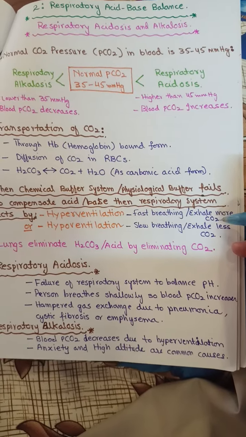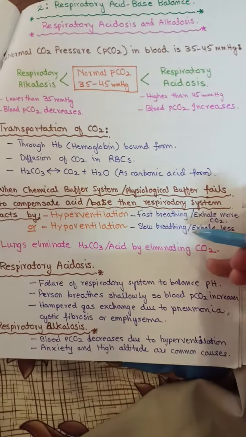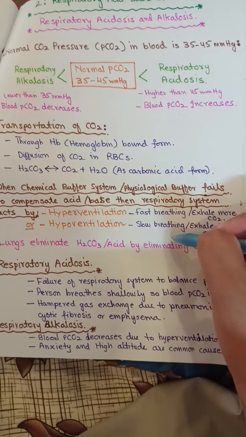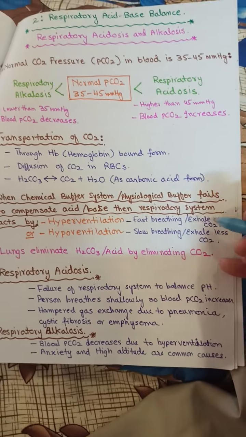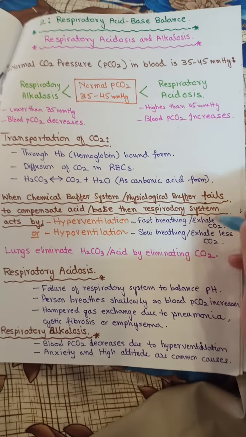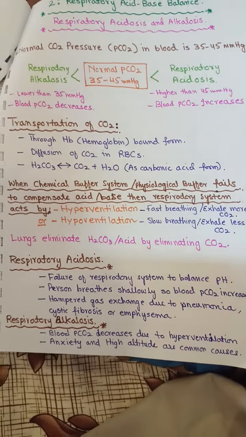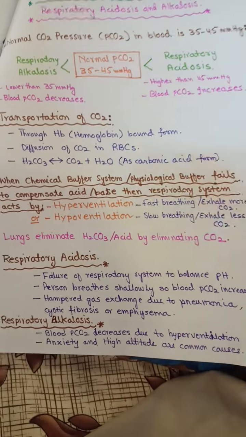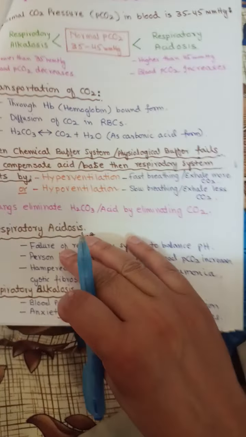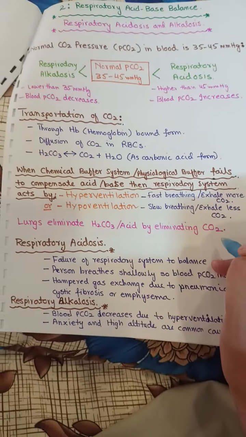During hypoventilation, it is slow breathing, so we exhale less carbon dioxide from our body. So hyperventilation causes more exhalation of carbon dioxide, and hypoventilation retains carbon dioxide in our body. The lungs eliminate carbonic acid in the form of carbon dioxide.